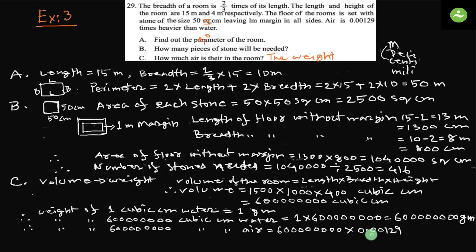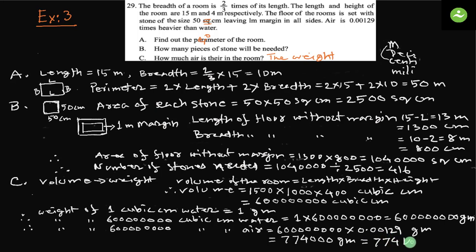Why do we multiply? Because it is 0.00129 times heavier. Unit will be grams. If we multiply and simplify the calculation, it will be 774,000 grams. Now if you divide by 1000, it will be in kilogram.